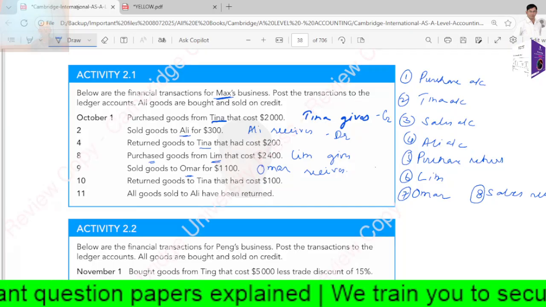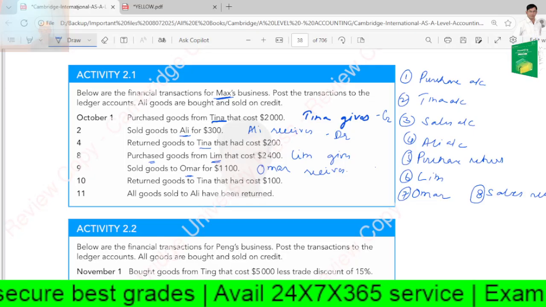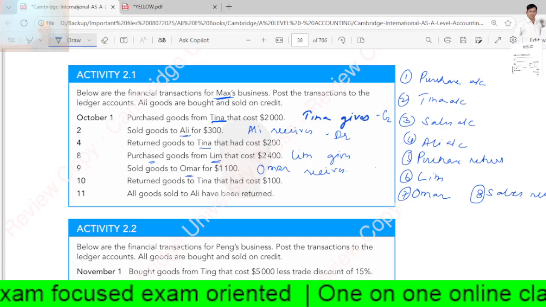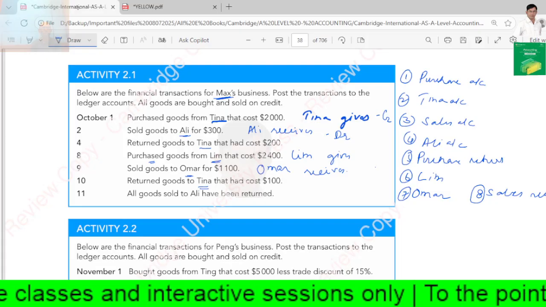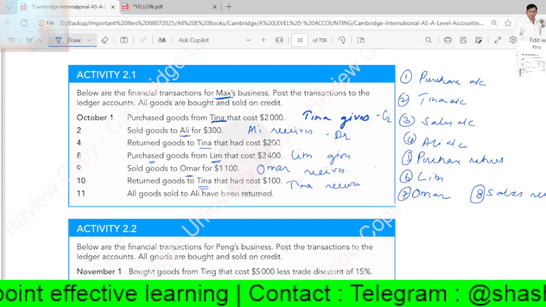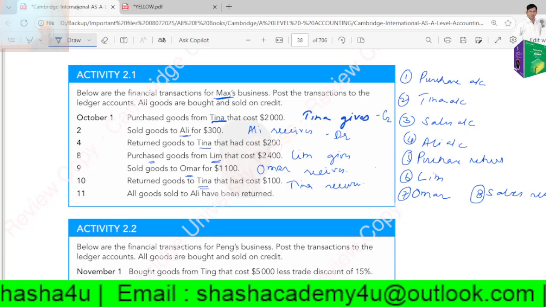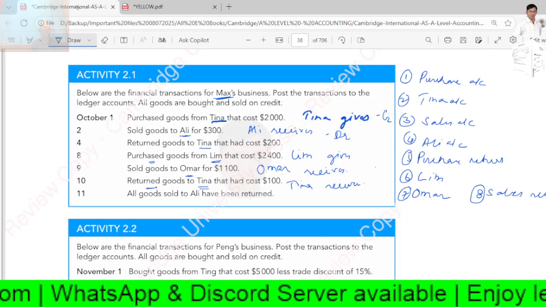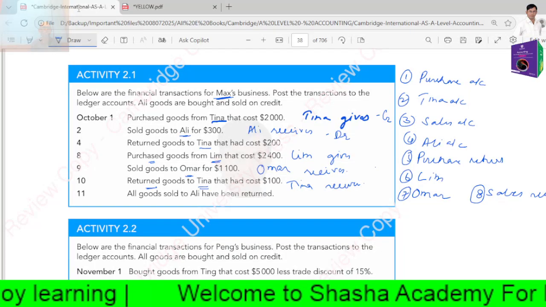Return goods to Tina that had cost 100. So we have returned goods to Tina. Return goods to Tina means Tina will receive. Account Tina receives. So when she receives, her account will be debited. So it is again we have returned. So it is purchase returns. Purchase returns to Tina 100. And it is on 10th.